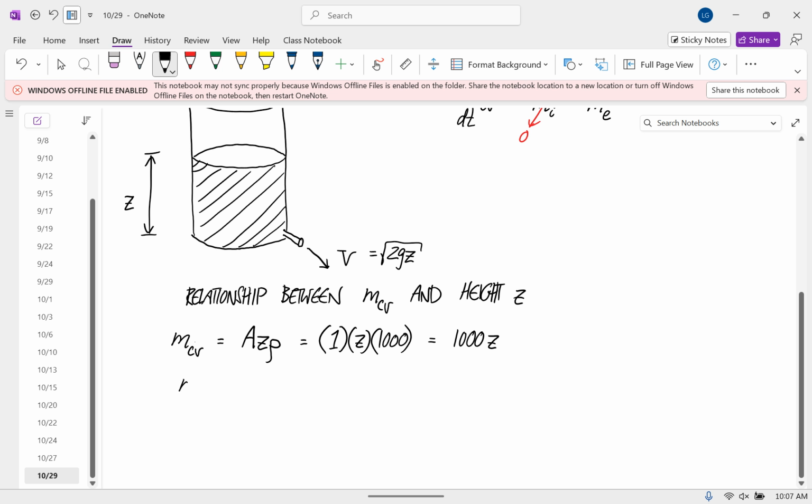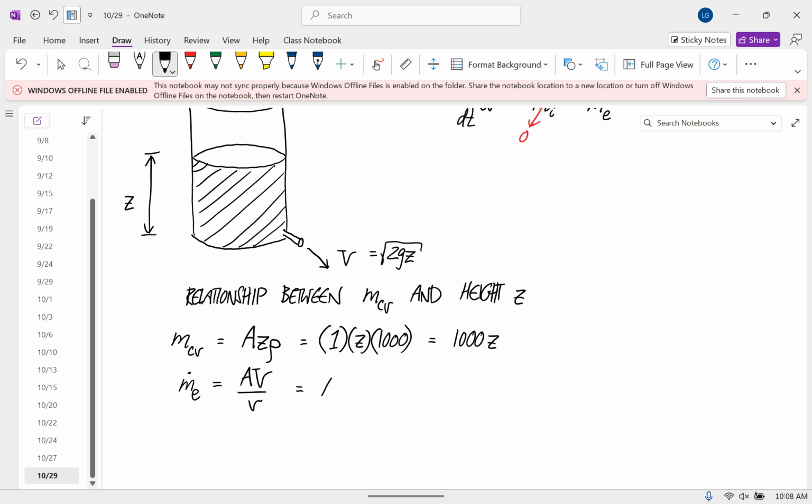So m dot exit, remember this formula we use all the time in this conservation of mass stuff, is that this is equal to the area times the speed divided by the specific volume. Remember that specific volume and density are interchangeable. If you know one, you know the other. They're reciprocals of each other.